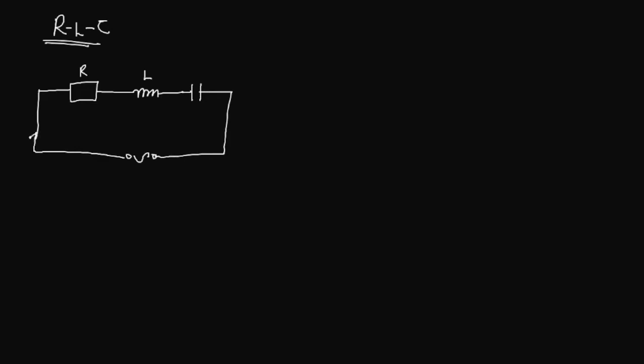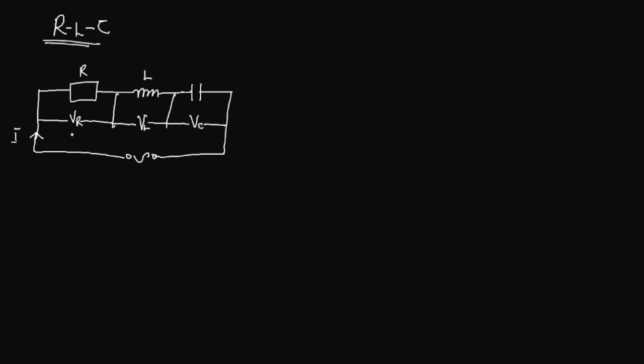We have our current flowing in this direction, and across the resistor we have something we call the resistive voltage. Then across the inductor we have the inductive voltage VL, and across the capacitor we have the capacitive voltage.